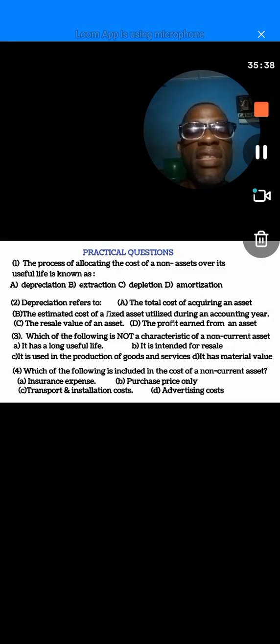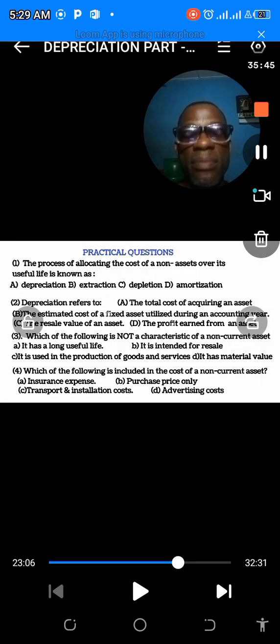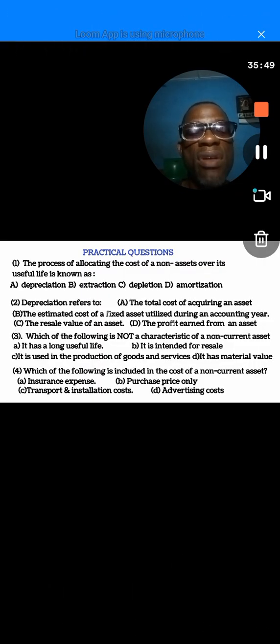And question three, which of the following is not a characteristic of a non-current asset? A, it has a long useful life. B, it is intended for resale. C, it is used in the production of goods and services.